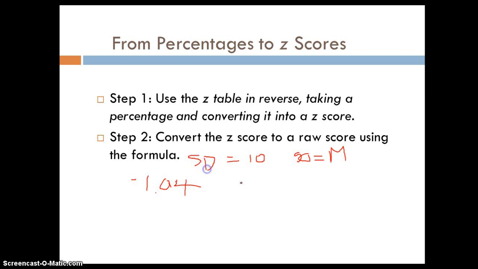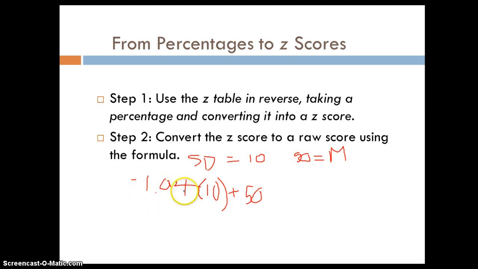Okay. So if we wanted to take this z-score of negative 1.04, we would have to multiply it by the standard deviation, which is 10, and then we'd need to add this mean of 50. And you can already see that it's going to be below the mean because we've remembered our z-score is negative.